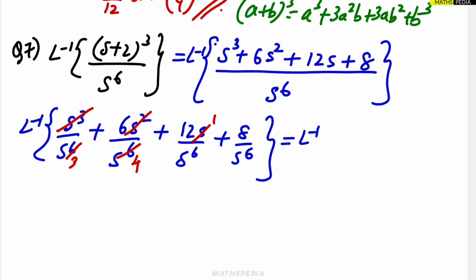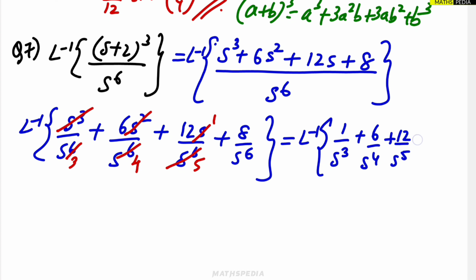Here 1 and 1 is gone, so remaining is 5. Here nothing is gone, so you can write it as 1 divided by s power 3 plus 6 divided by s power 4 plus 12 divided by s power 5 plus 8 divided by s power 6, right? I hope you understood what we have done. Next, now split up this thing.